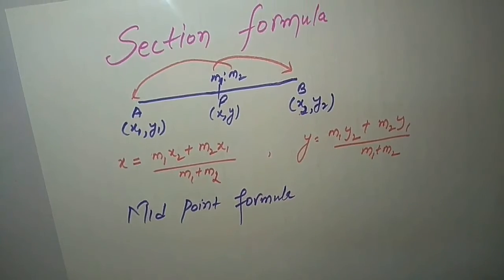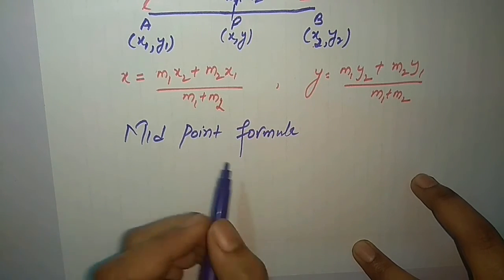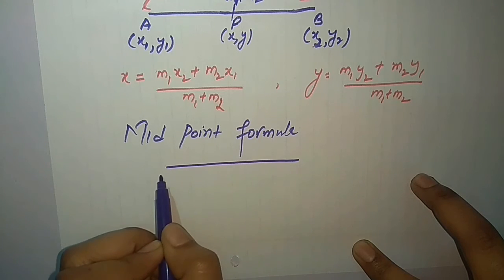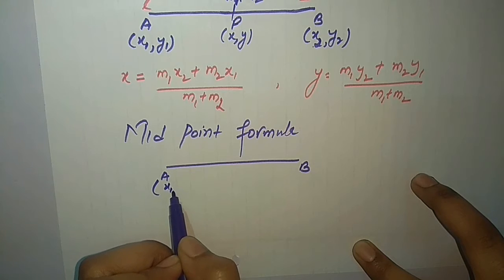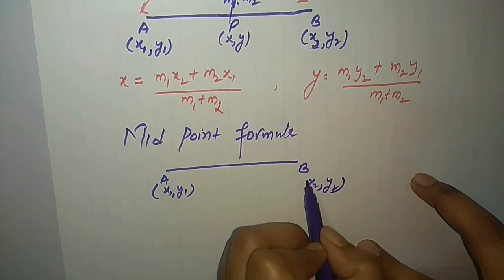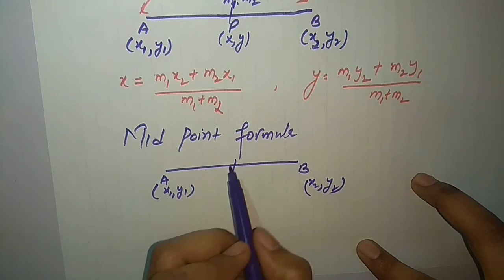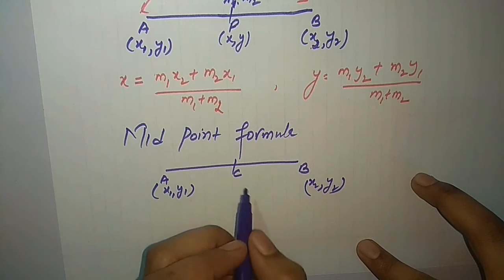The midpoint formula is: if we have two points A and B, x1, y1 and x2, y2, and there is a point C exactly in the middle of A and B, let it be x, y.